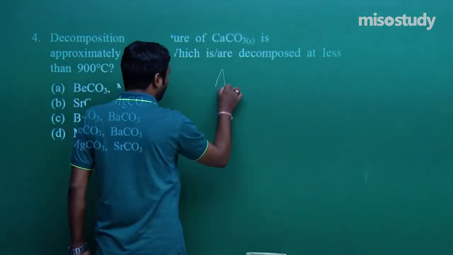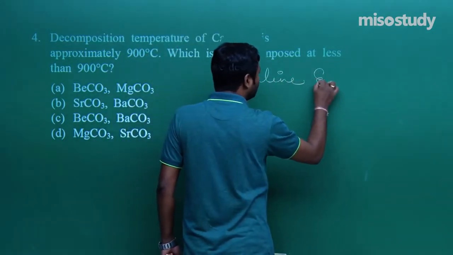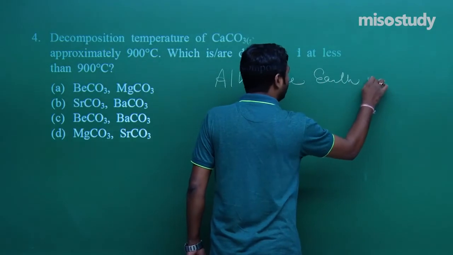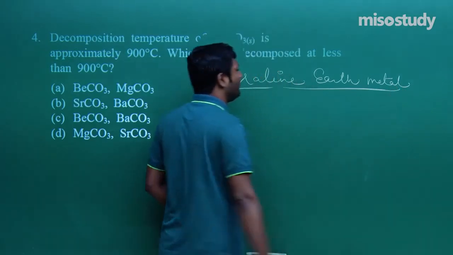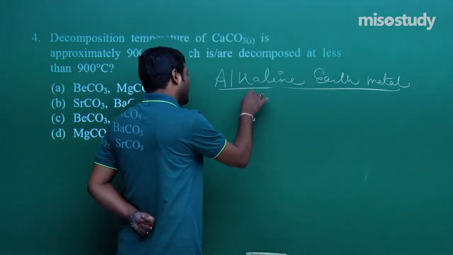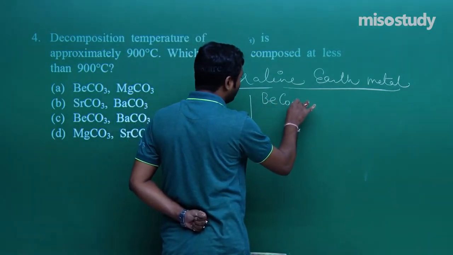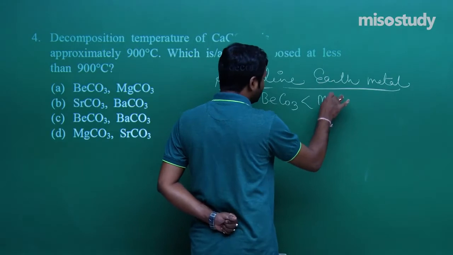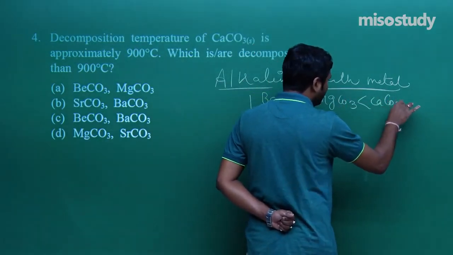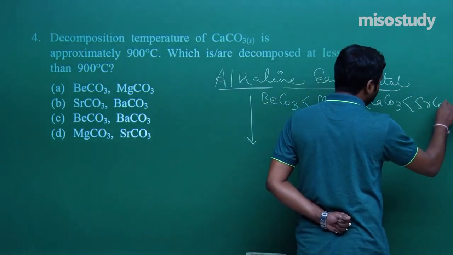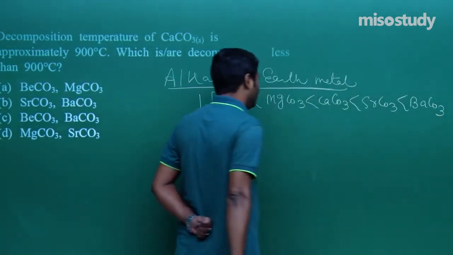If I talk about alkaline earth metal carbonates, then what will happen going down: BeCO3, MgCO3, CaCO3, SrCO3, BaCO3. Am I right? Yes, sir, you are right.